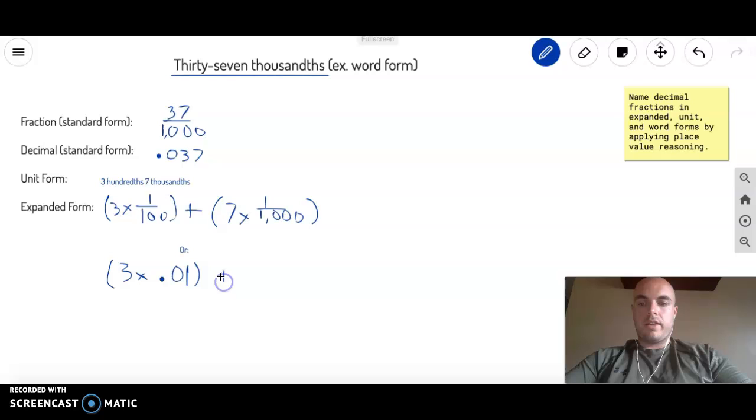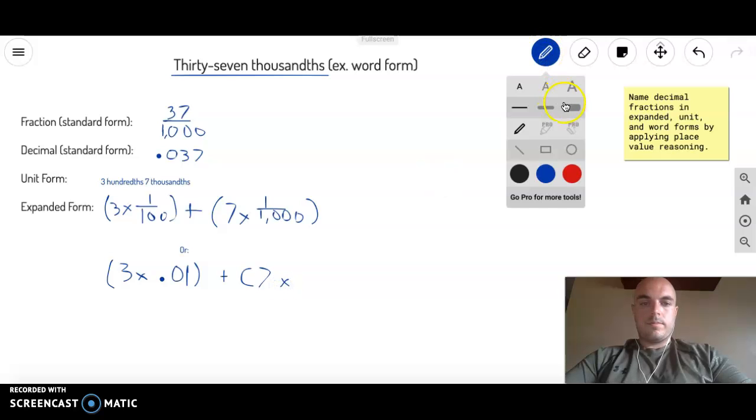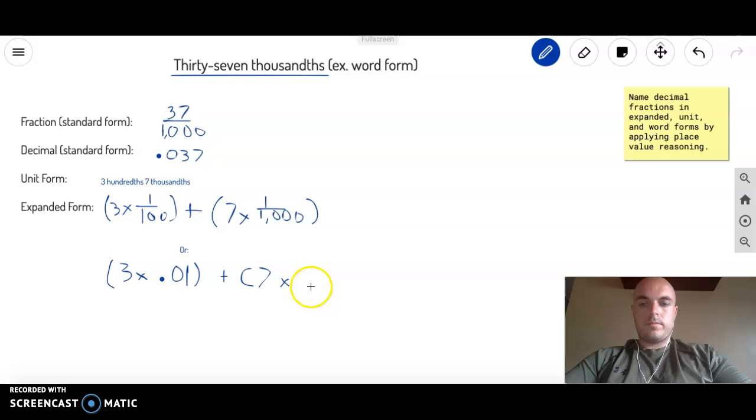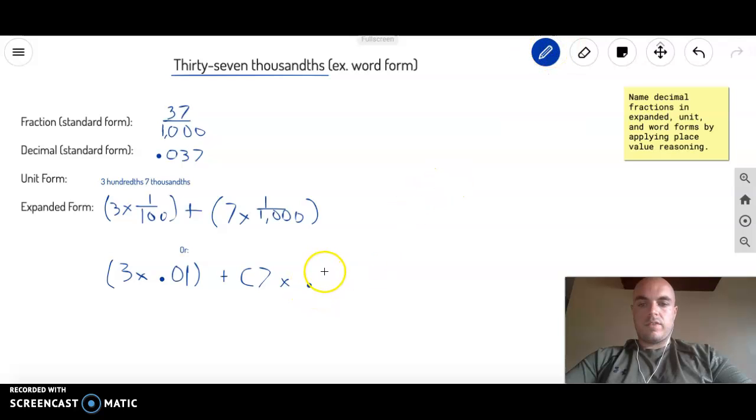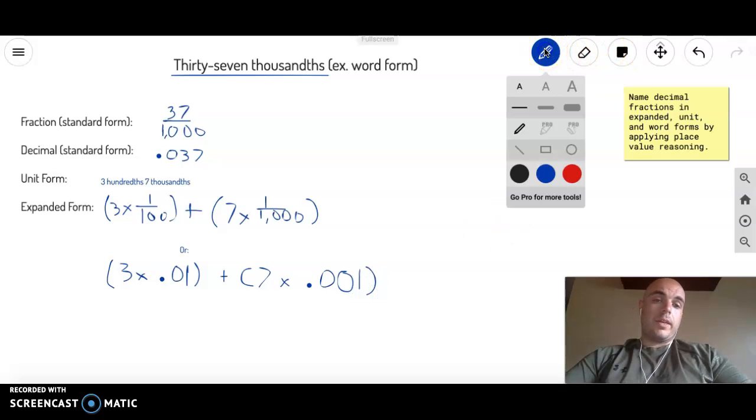And I could add, same thing, 7 times, I have a 0 on the tenths, 0 on the hundredths, and a 1 in the thousandths. So that's pretty much it.